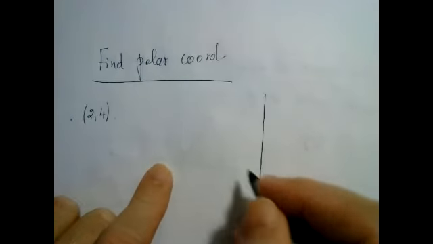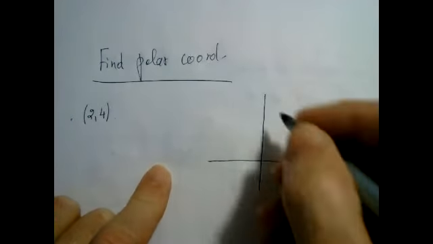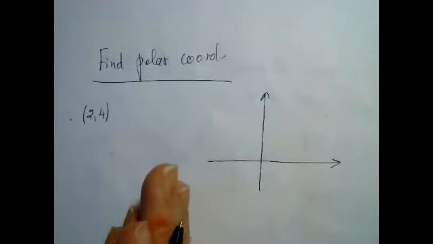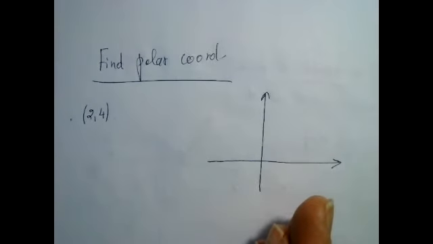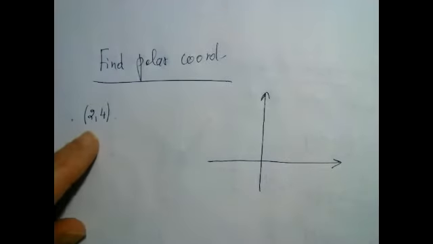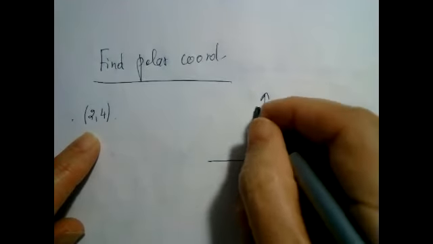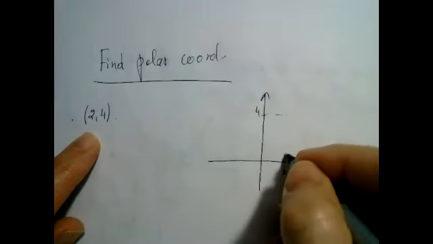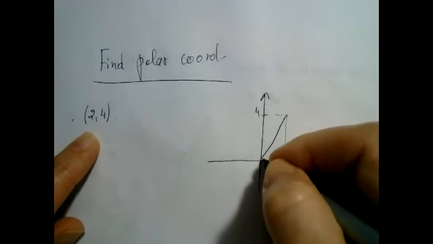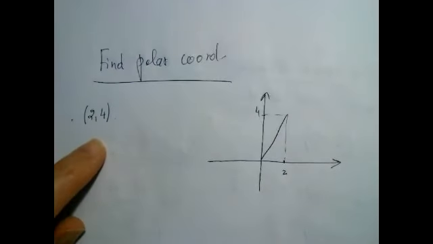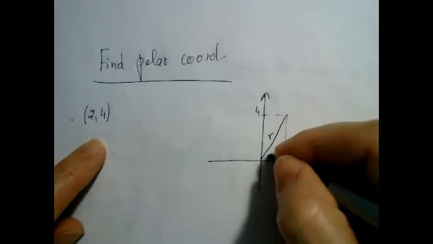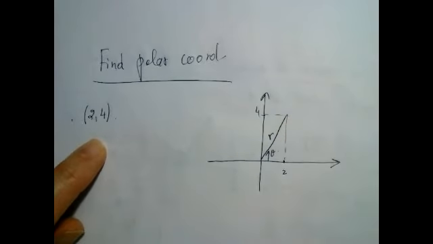When you have to convert from one system to another, please sketch a graph first. Without a graph, you will be absolutely lost. So 2, 4 is Cartesian. It means this is my 2 and this is my 4. I need to find the polar, which means I need to find the r and the theta.